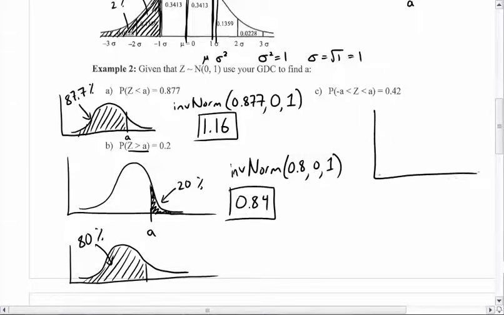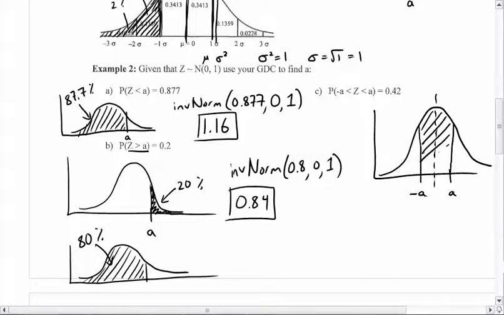So I want 42% of the data between 2 values, negative a and a. So they're both the same distance away from the middle. And if I go between those 2 values there, then I need to have 42%.